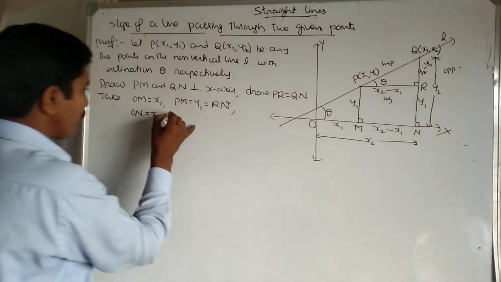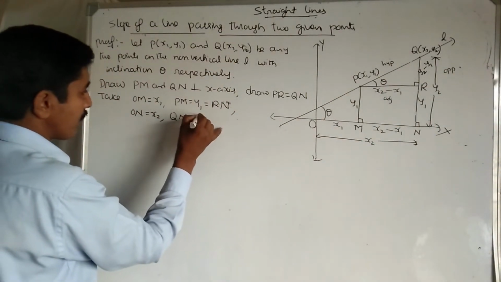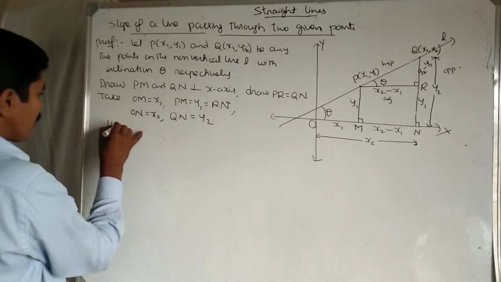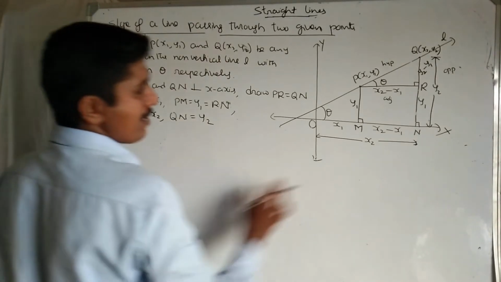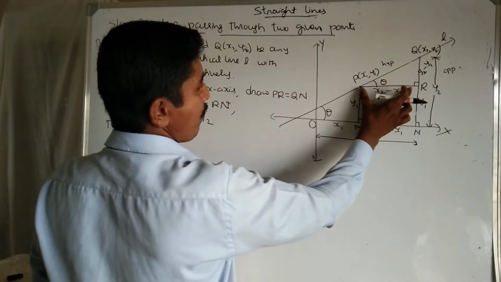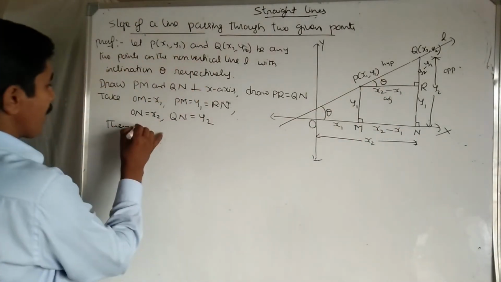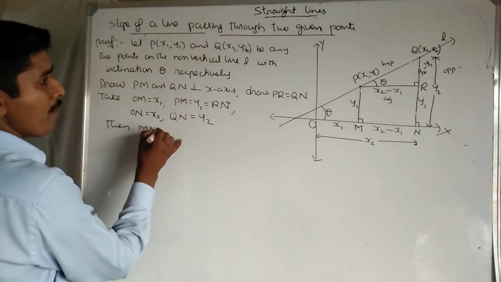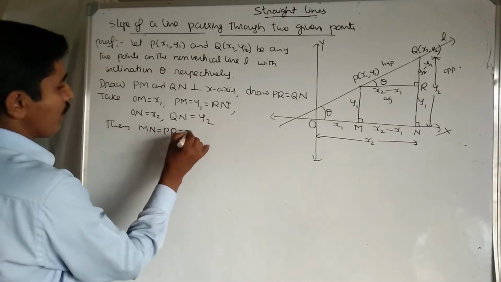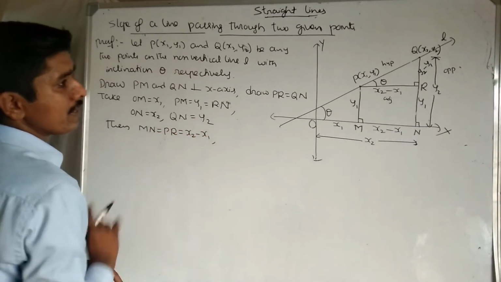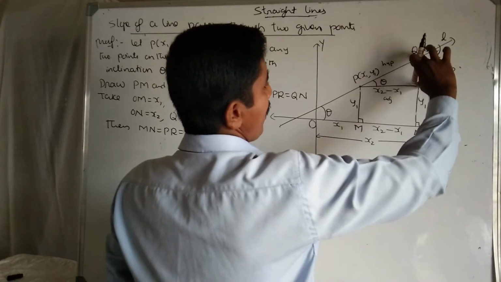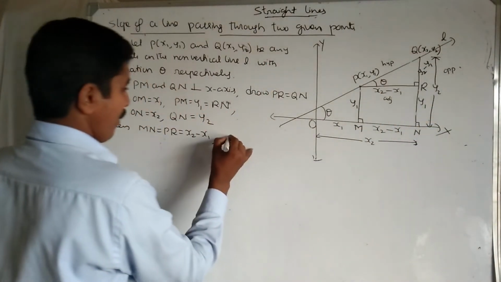Then what happens is MN equal to PR equal to x2 minus x1. Then what about QR? QR is y2 minus y1.